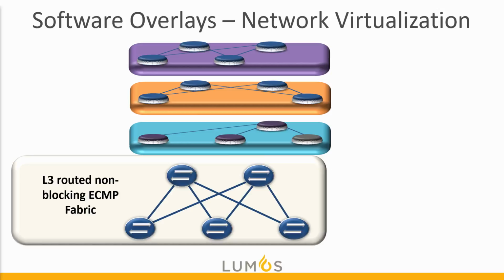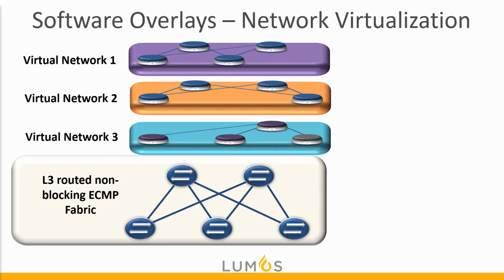So let's talk briefly about software overlays, or network virtualization. The concept is that we run a layer 3 routed, non-blocking ECMP, or equal cost multipath fabric, or CLOS fabric, as our underlying infrastructure. And on top of that, we place multiple virtual networks.